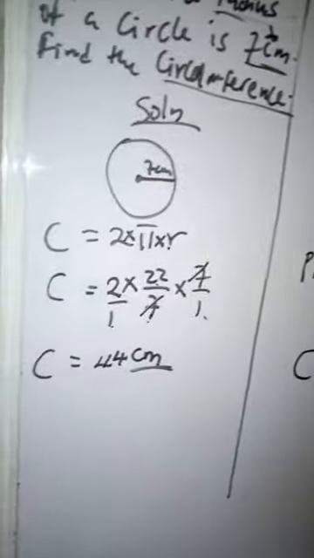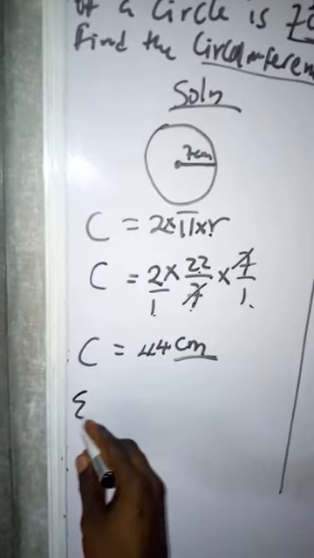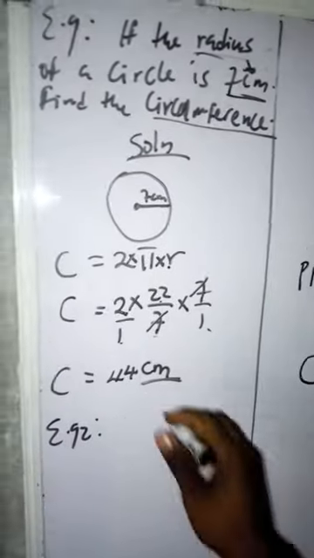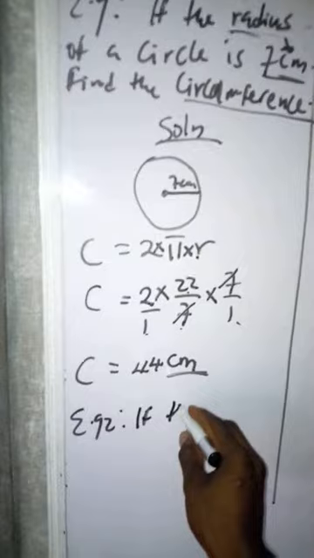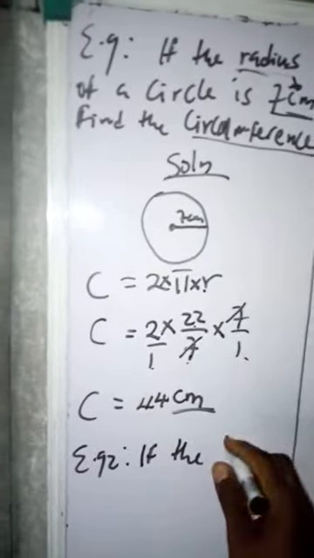Now, similarly, if another example is given, let me take this as example 2. If this one was radius, this one now will be diameter.